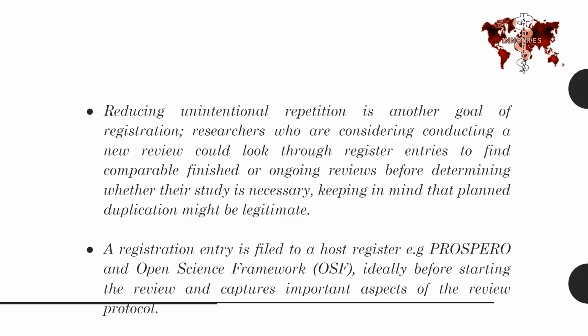Reviews that do not meet that criteria for inclusion in Prospero could then be registered elsewhere, for example, the Open Science Framework, the OSF repository. Both Prospero and OSF allow for registration without costs, so they're both free of charge.